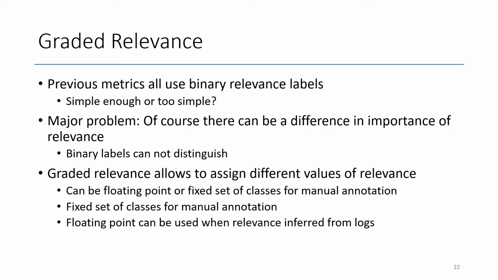This can be a floating point value or a fixed set of classes, which is commonly used in manual annotation. Because if you use a floating point value and you let annotators set that value, you won't get any agreement whatsoever. But floating points can still be useful if you infer the relevance from click data coming from logs.